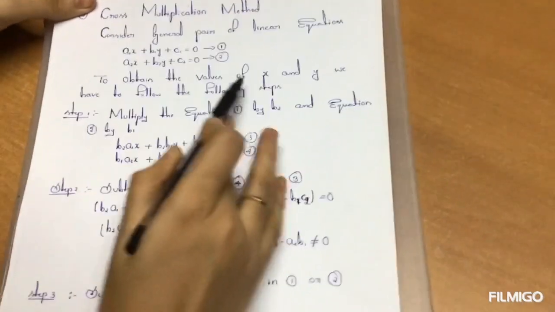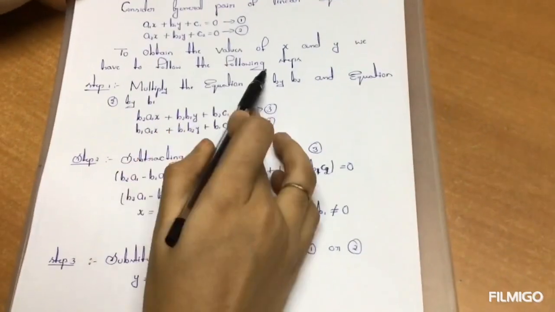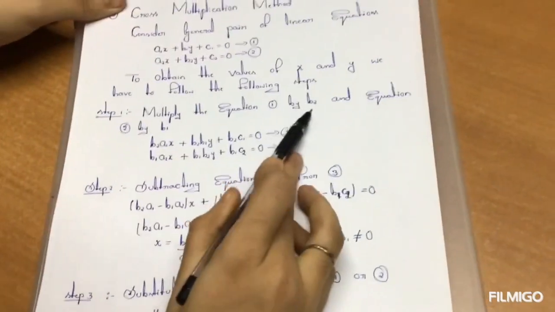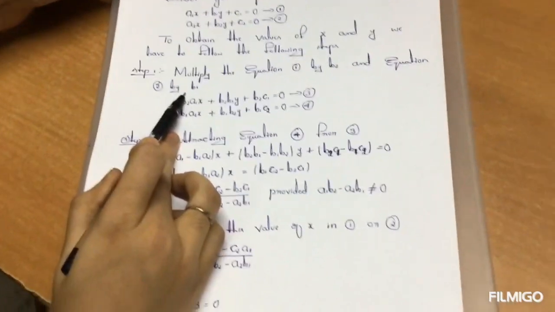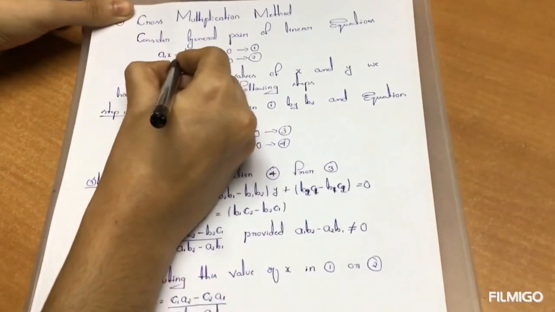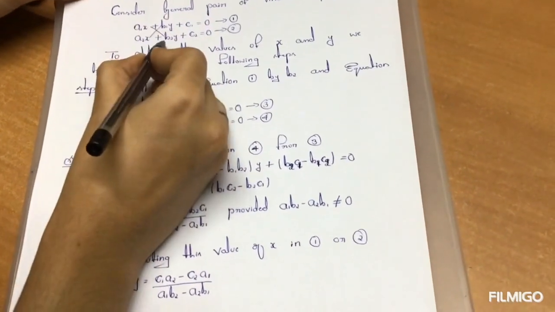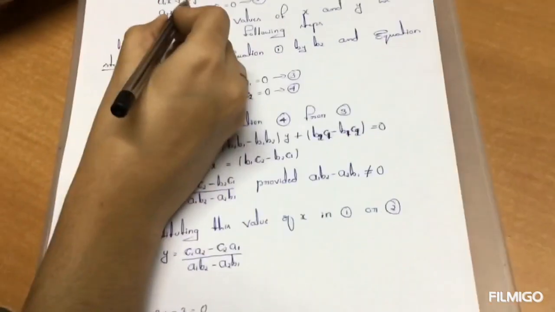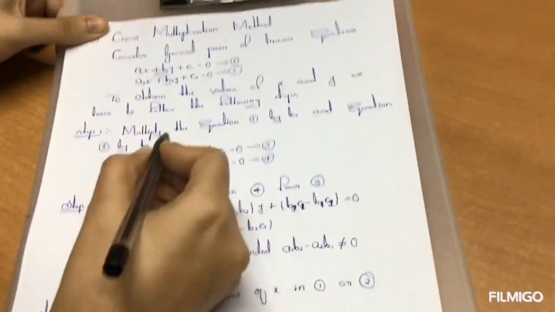To obtain the values of x and y, we have to follow these steps. The first step is multiplying equation 1 by b2 and equation 2 by b1. Why did I take it like this? See, cross is nothing but multiplication, right? So for this equation I am going to multiply by b2, and for this equation by b1. That's why I took it here.